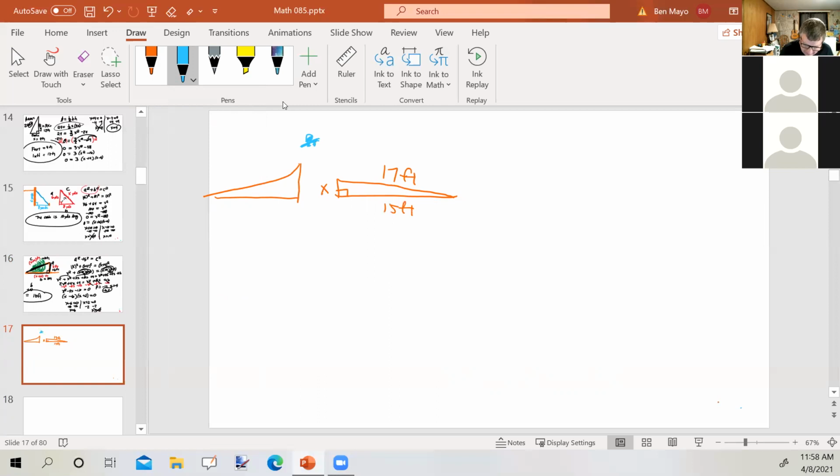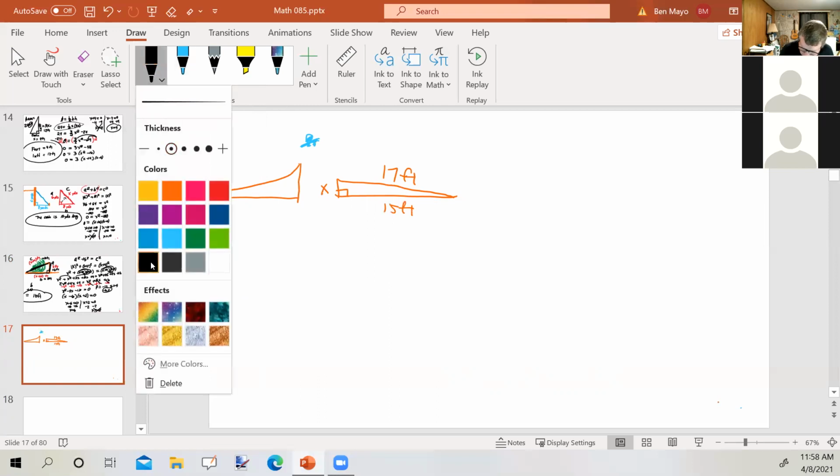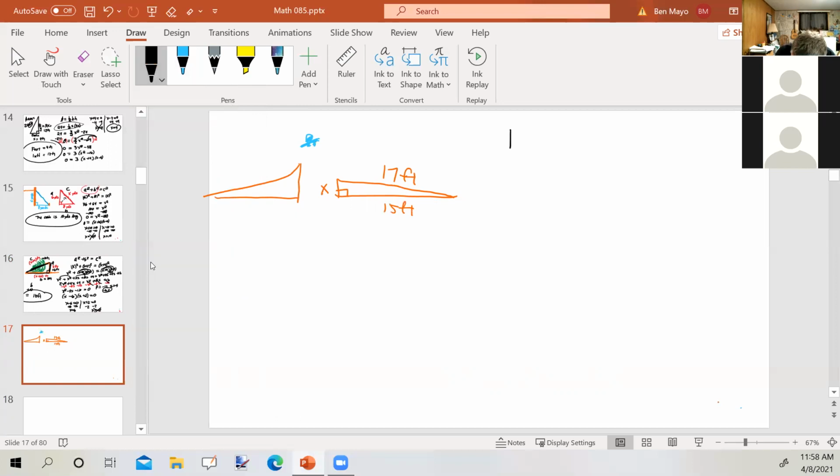It says find x. So again, what are we dealing with here? Well, we've got this triangle. It's a right triangle. This is x, this is 17 feet, and this is 15 feet. Okay? So using a squared plus b squared equals c squared, c would be the 17 feet because that's the longest side.